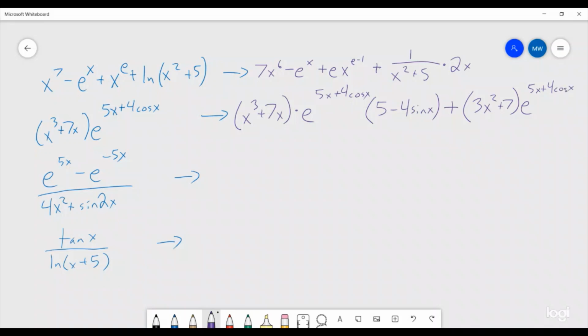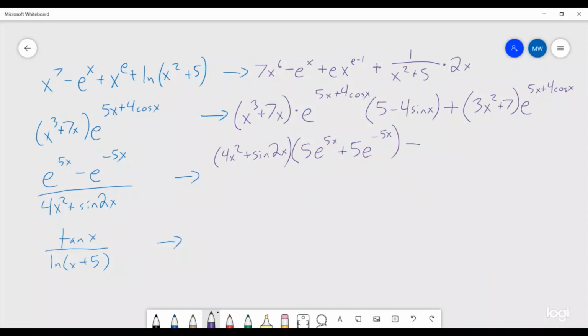Okay, the next one. This one's going to be a quotient rule. So we got low d high, 4x squared plus sine 2x, times the derivative of the top, which is 5e to the 5x minus negative 5e to the negative 5x.